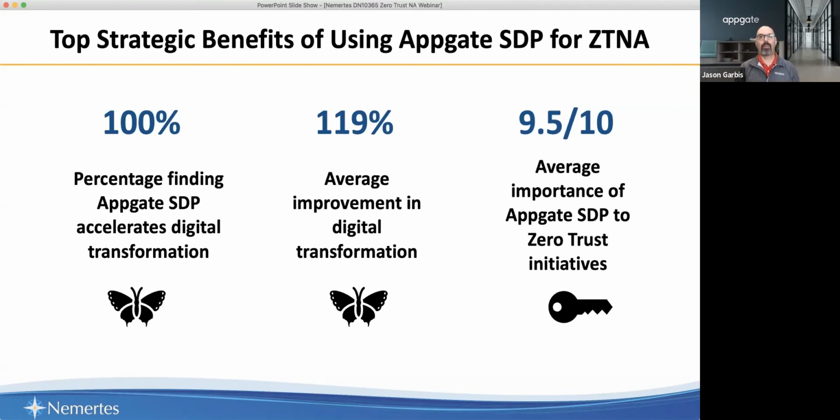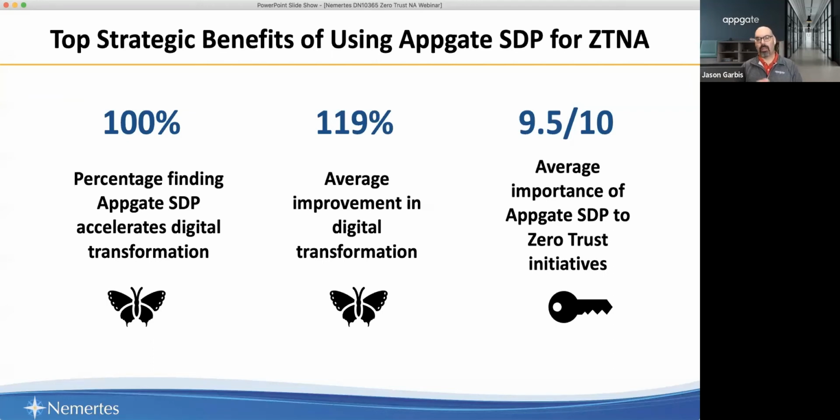The software-defined perimeter is an open security architecture created by the Cloud Security Alliance, which is a nonprofit industry consortium. And that architecture allows organizations or allows vendors like us to build systems that follow that architecture that meet the Zero Trust principles. So if you look at how SDP works and what it does, it is in full harmony with Zero Trust principles of identity-centric, distributed, and dynamic policies.